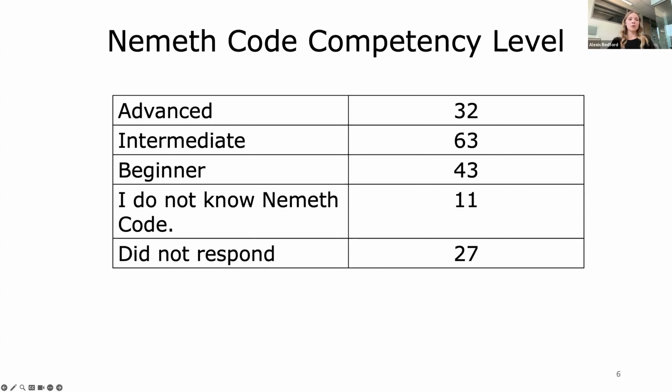When asking the same question about Nemeth Code competency levels, we found that many TVIs felt that they had an intermediate understanding of using the Nemeth Code and teaching it with their students. Interestingly, many TVIs for both math codes indicated having a beginner's competency level.